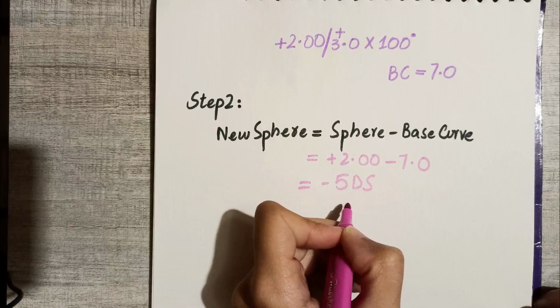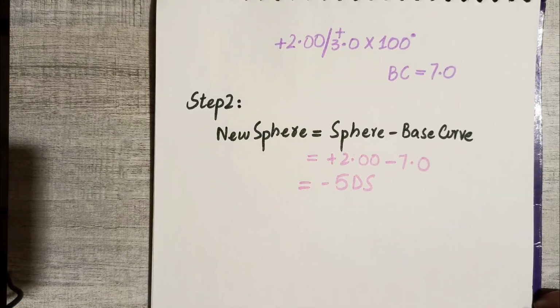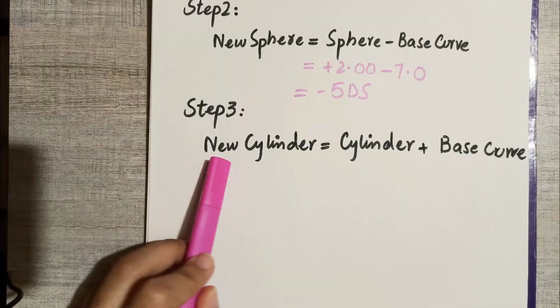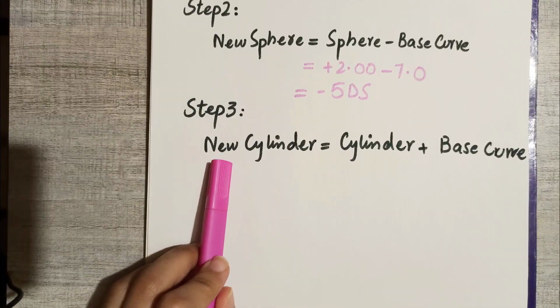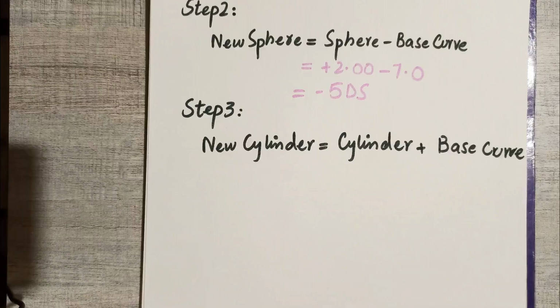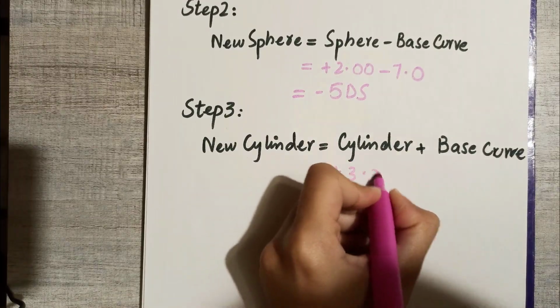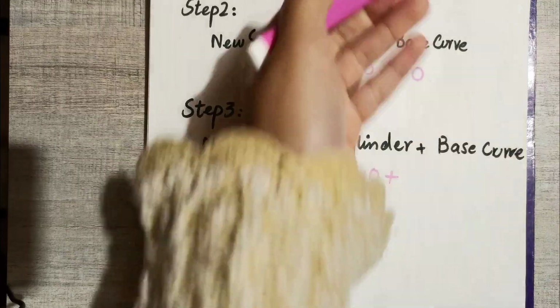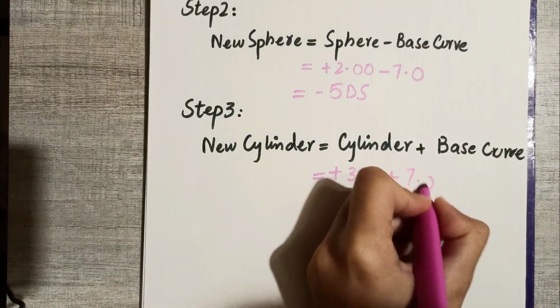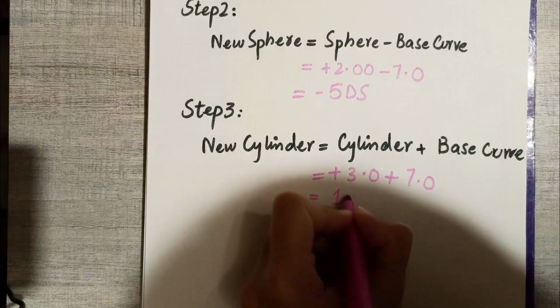This is our new sphere. And for the new cylinder, which is step number 3, we will add the cylinder and the base curve. So our cylinder is +3 and the base curve is 7. So our new cylinder will be 10 diopter.